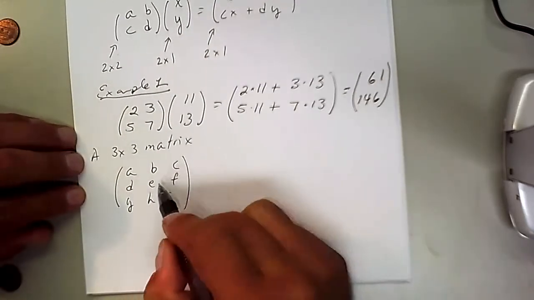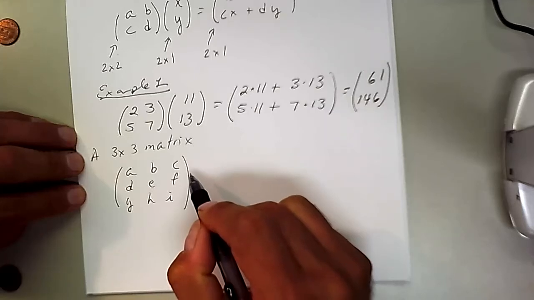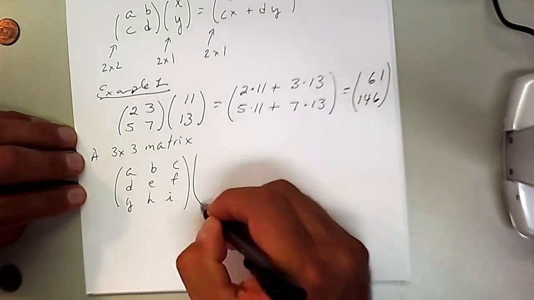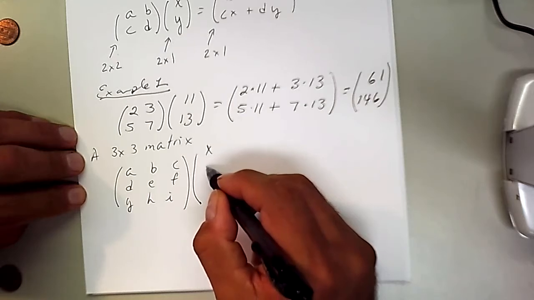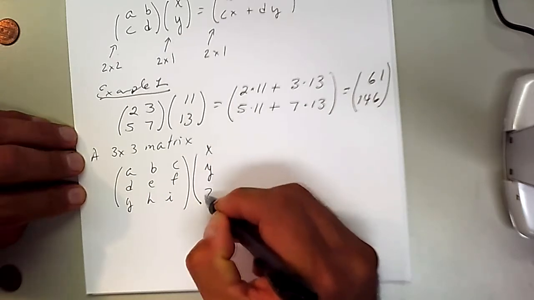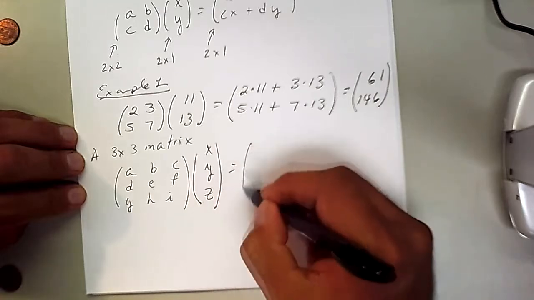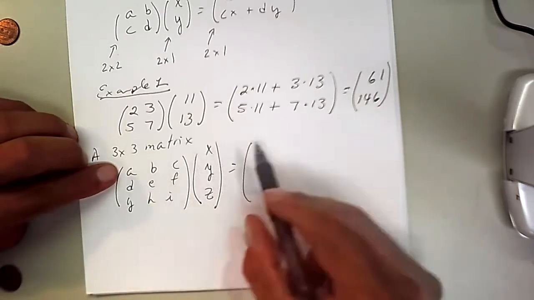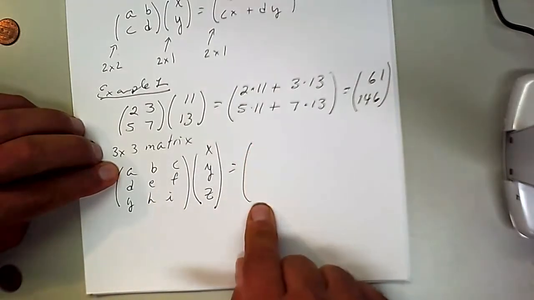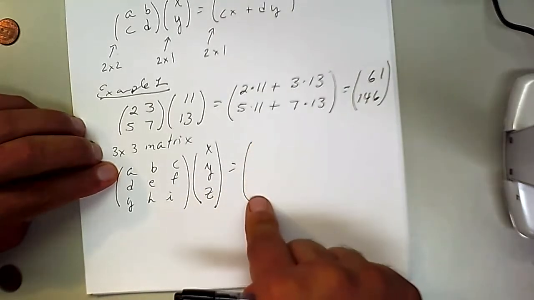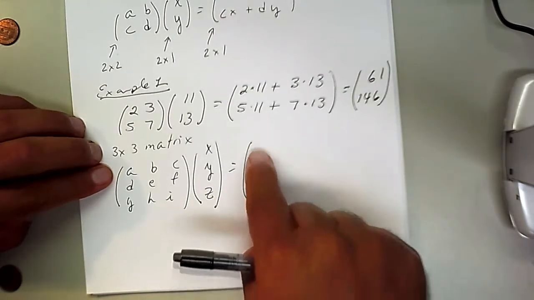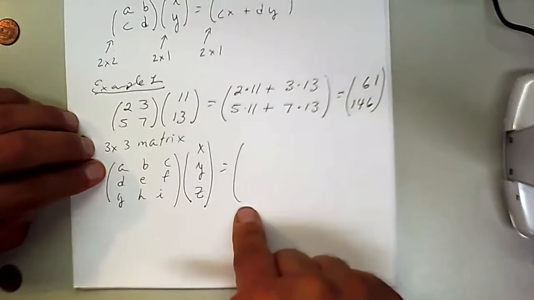And we have to have all of the entries. We may multiply by a 3 by 1 matrix, X, Y, Z, and we're going to end up with 3 elements, top, middle, bottom, and that is going to be a 3 by 1 matrix.